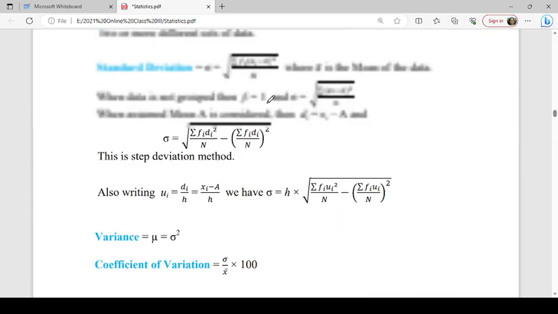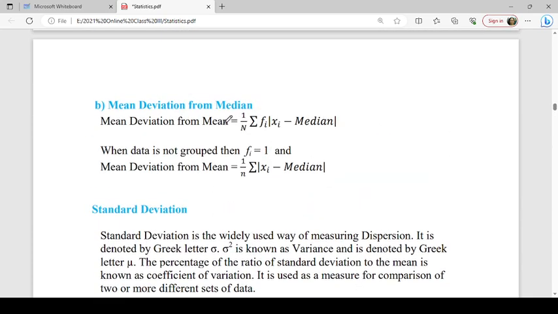Then it is ungrouped data, so fi is 1. So we just find this sum.